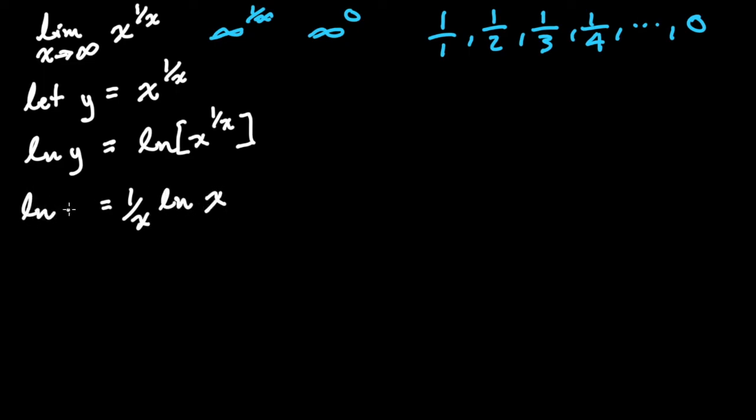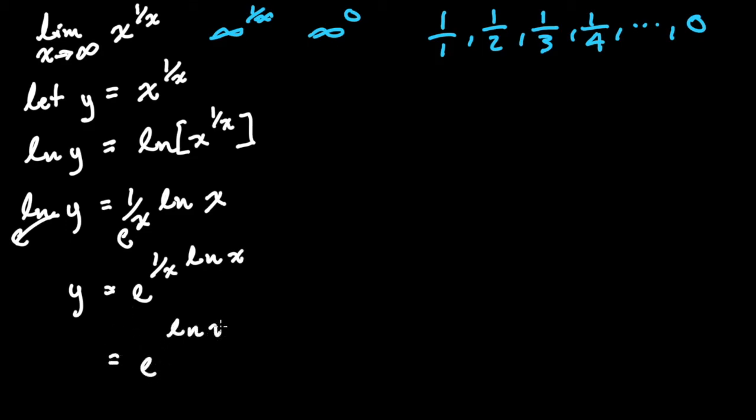And this is still equaling ln y. And then our next step was to raise both sides to the power of e. So if we raise both sides, that just leaves us with y on our left-hand side, and then e to the power of 1 over x ln x, right? Which can also be written as e to the ln x over x.